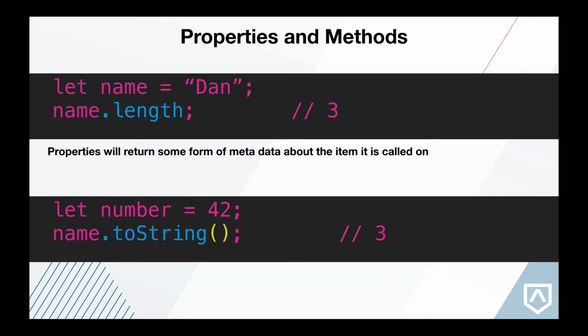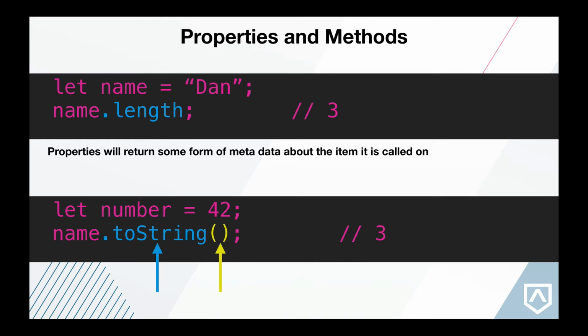Second, we're going to talk about methods. So where properties will just return some form of metadata about the item, methods are actually going to manipulate the item somehow, right? The difference between a method and a property we can see is that it's pretty much the same except for those parentheses on the end.